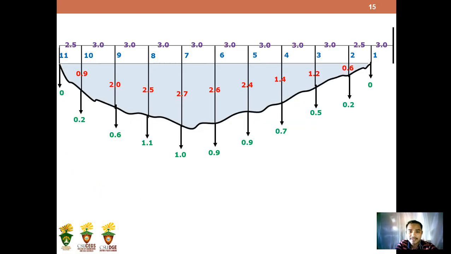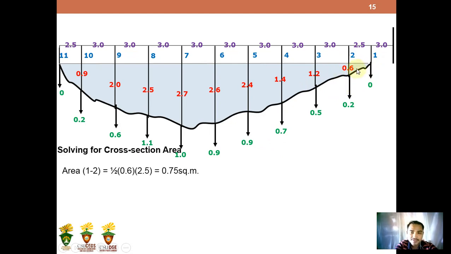To solve, let us first solve the cross-sectional area. So we're going to rename the verticals 1, 2, 3, 4, 5, 6, 7, 8, 9, 10, 11. So we have 11 verticals. And in each specific vertical, we have a specific velocity and specific depth.